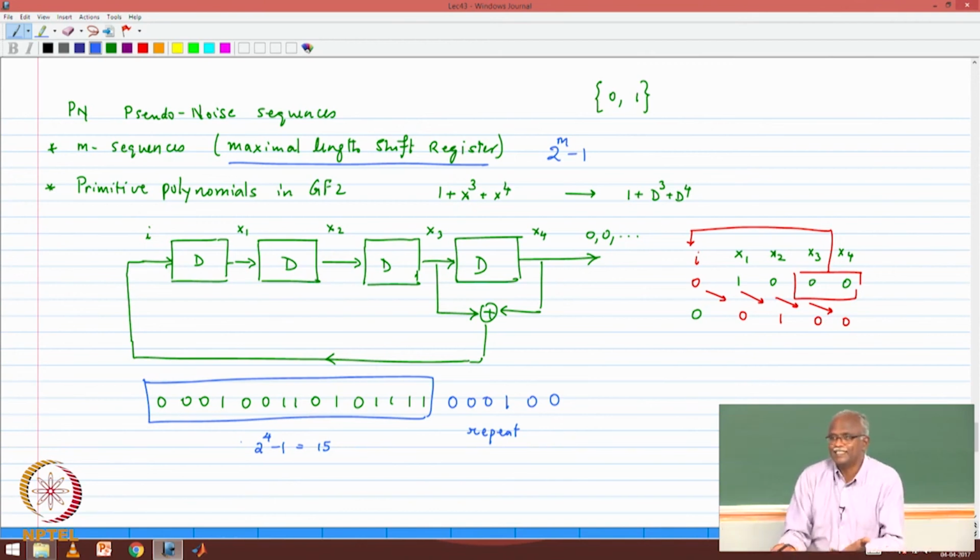It is deterministic, because if you initialize it correctly and you know what the feedback taps or interconnection taps are, you can actually predict the sequence. So it is not random in that sense, but because of the GF2 properties and the primitive polynomial, you will find that the occurrence of zeros and ones has a certain pattern that is very helpful.